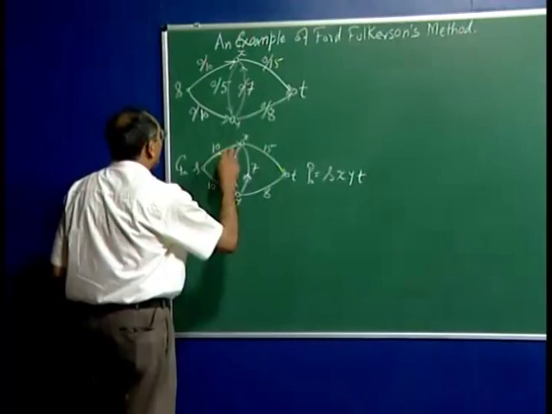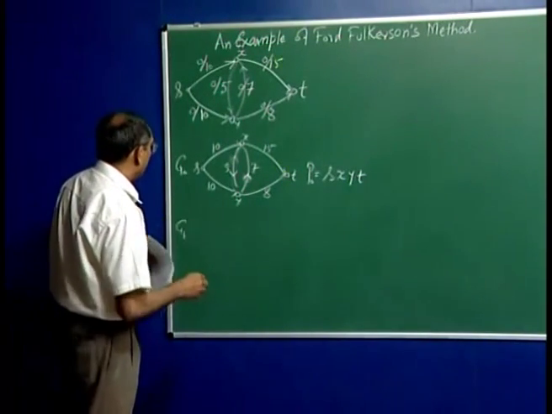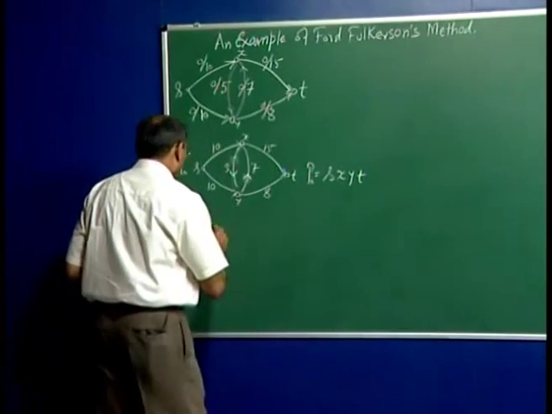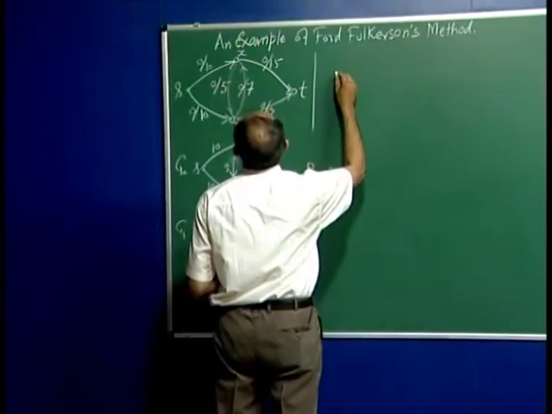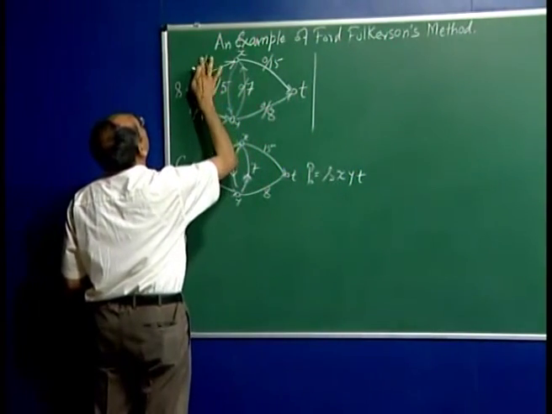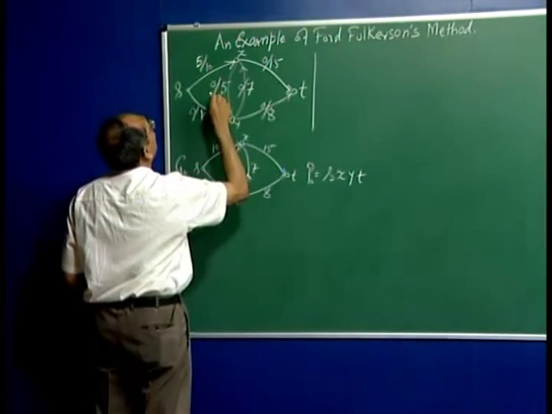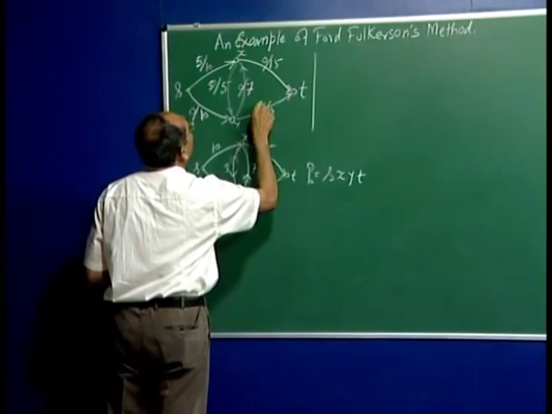So in the next graph, the flow is, so maybe I can show the flow here, will be 5 units here, this will be 5 and this will be 5.